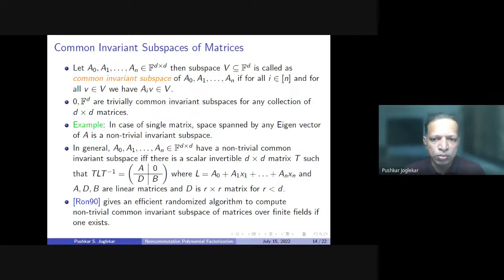So this form is very crucial for our algorithm, and this problem can be solved efficiently in randomized polynomial time in the case of finite fields. It is an algorithm due to Rónyai, which we need crucially for our algorithm.